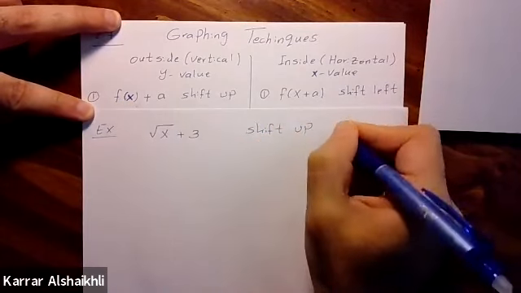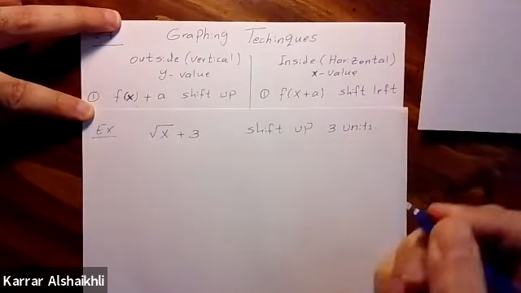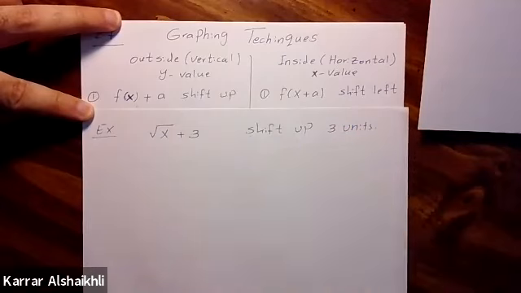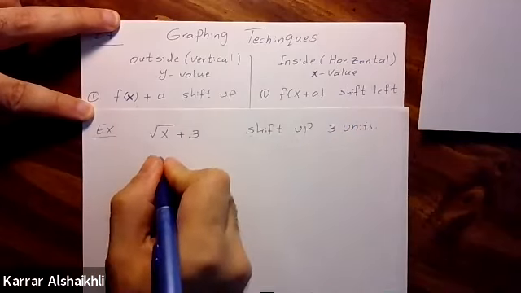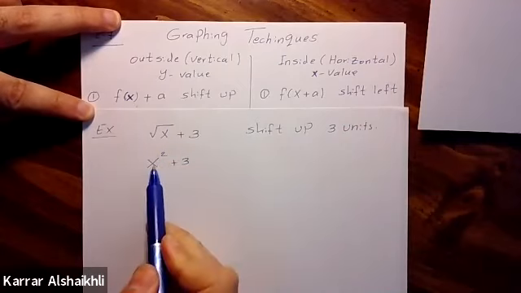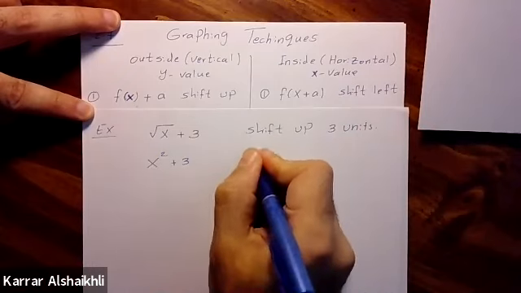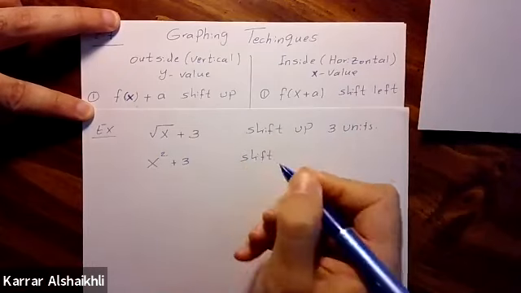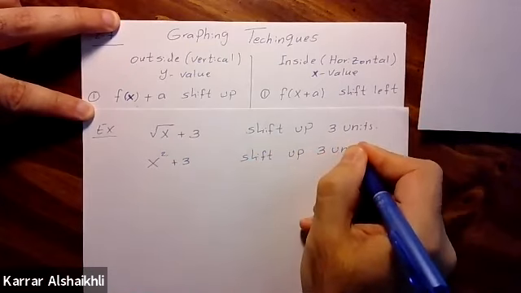How many units? 3 units. Shift up 3 units. Another example, if you have x squared plus 3, this is the parent function plus 3. That also means shift up 3 units.